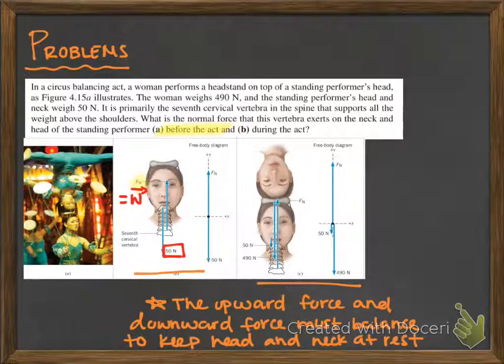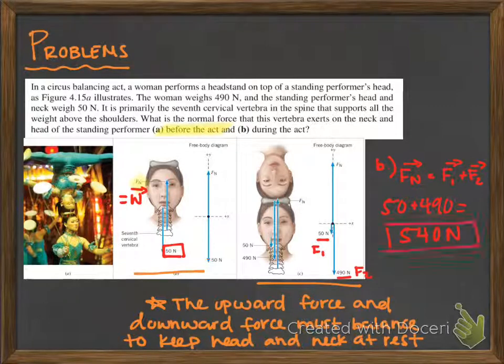In part B, however, we see that there are two forces pointing downward, and the normal force pointing up, so the normal force will have to equal the sum of the two forces pointing downward. So you will end up with the normal force being 540.